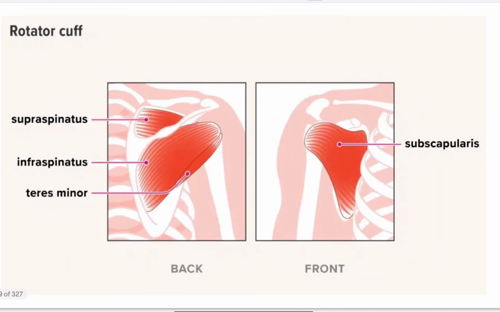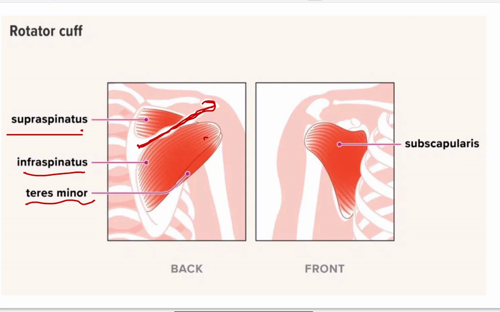And let's see the rotator cuff muscles. First, this one is the supraspinatus, which lies above the spine of the scapula. Above the spine of the scapula is the supraspinatus muscle, below the spine is the infraspinatus muscle, and below the infraspinatus is the teres minor muscle.